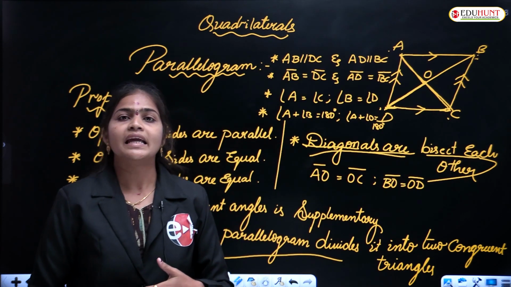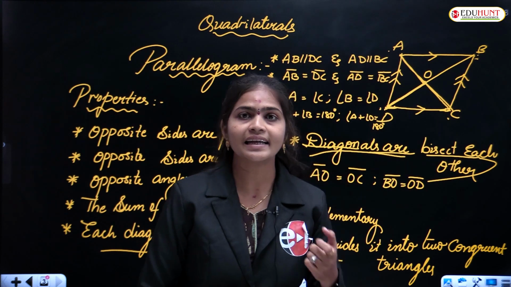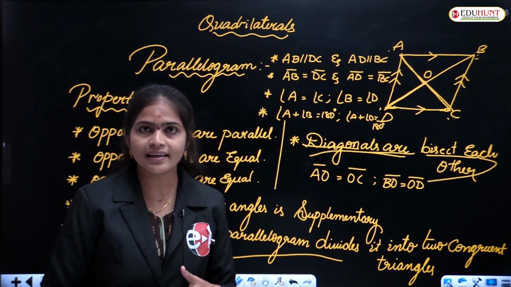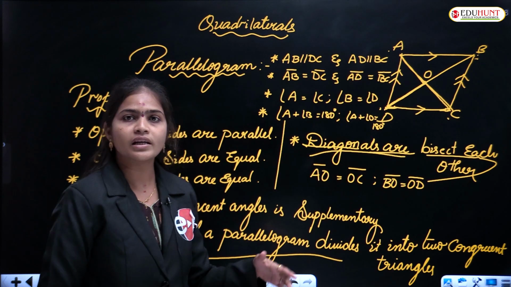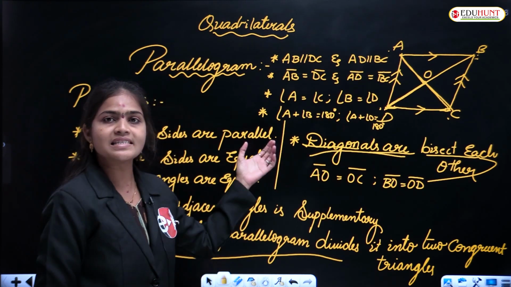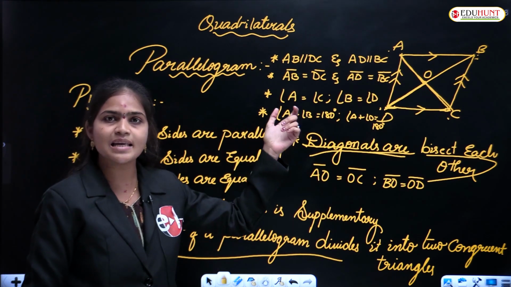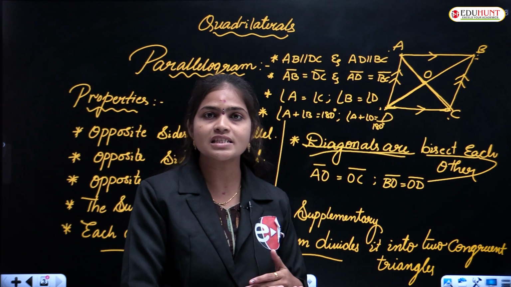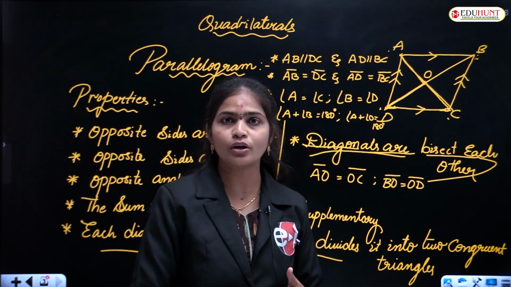So in a quadrilateral, if the diagonals bisect each other, then we can say that quadrilateral is a parallelogram. So here we discussed 6 properties, and the converse also has 6 points. Here we directly say that ABCD is a parallelogram. Converse means we just have to conclude whether it is a parallelogram or not.